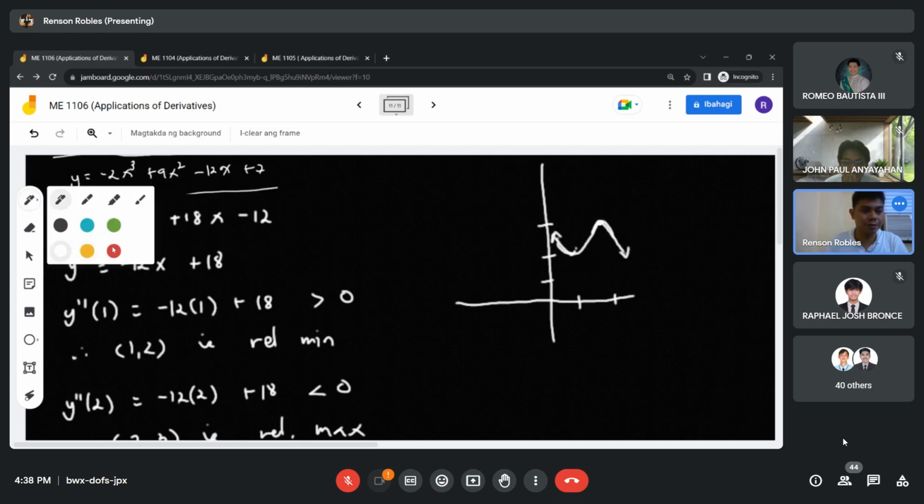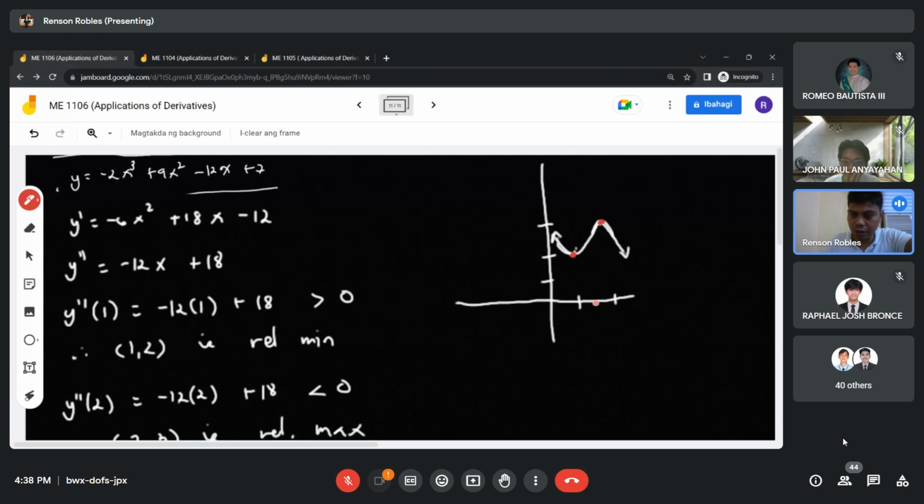That's the curve. So, hindi ko na pinapalampas sa x and the y axis because hindi naman natin concern yung intercepts. So, ito yung 3 halves. So, ito yung point of inflection. Alright? This is 3 halves. This is 1 and this one is 2. Okay? So, that's the graph of this function.